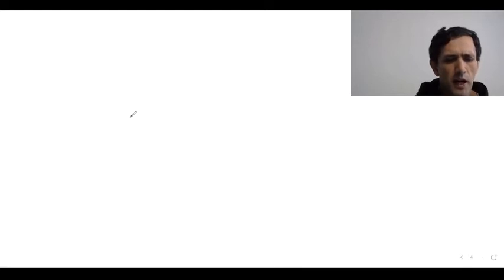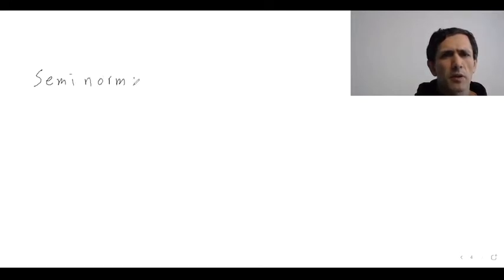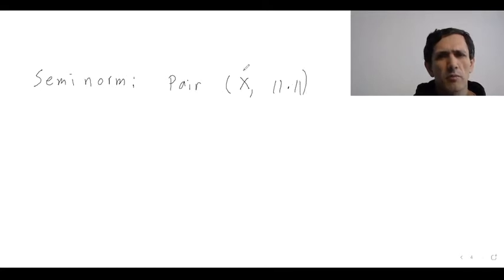Okay, so right, I'm going to define a semi-norm as a pair X and this function here, which remember takes in x and spits out non-negative numbers.